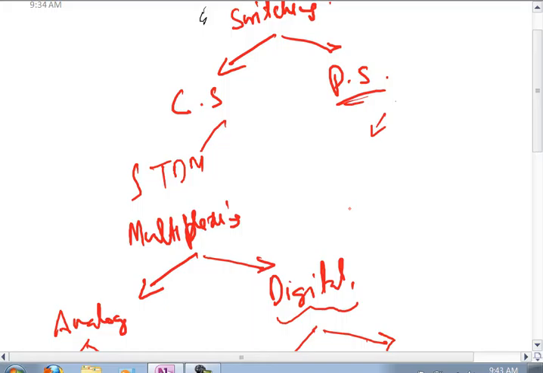We can send them in multiple ways. But in virtual circuit switching, which we discussed yesterday, it is a combination.